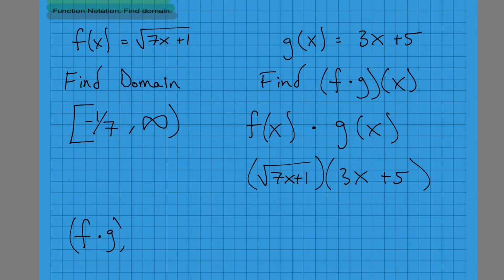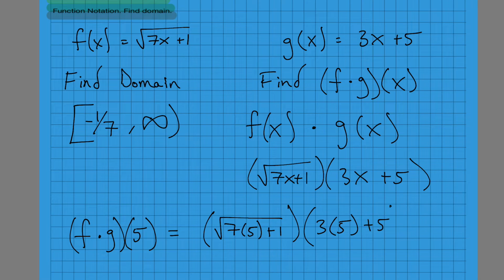What if we're going to find f times g of, let's do 5. f times g of 5. So that's going to be the square root of 7 times 5 plus 1, times 3 times 5 plus 5.